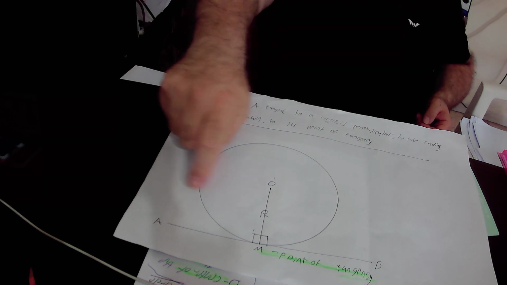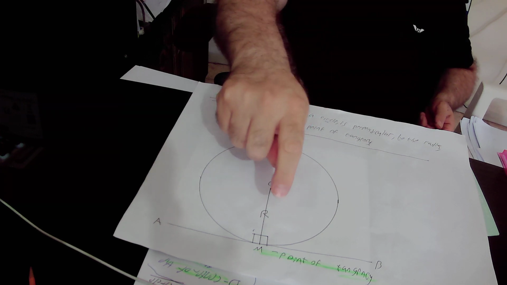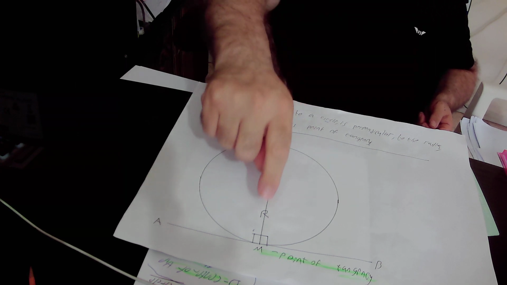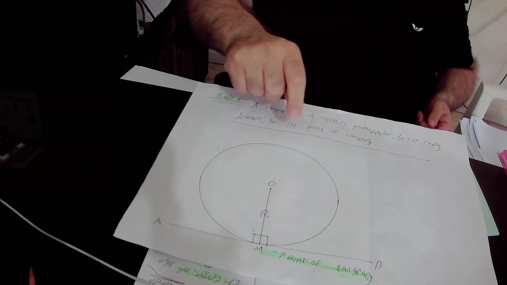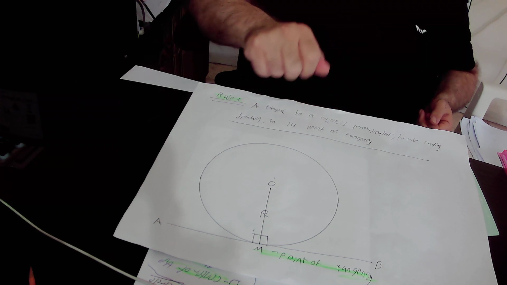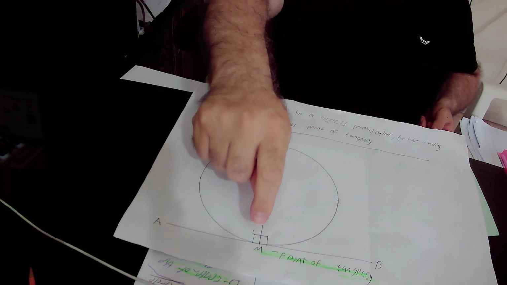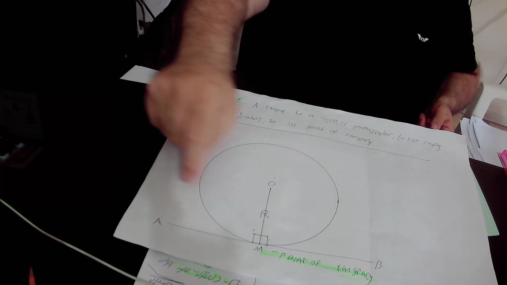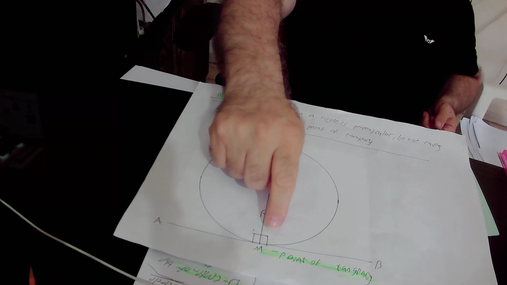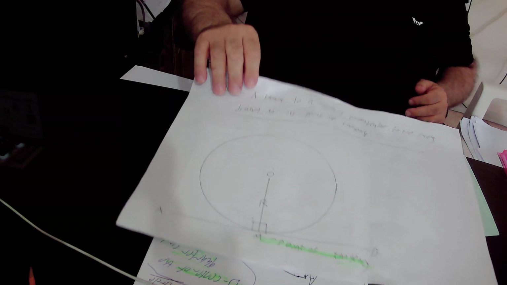Here, tangent AB is tangent to this circle at point M. Point M is the point of tangency, and we have the radius OM drawn to the point of tangency. So tangent AB will be perpendicular to the radius MO. If AB is perpendicular to MO, this angle equals 90 degrees, and this angle will also equal 90 degrees according to rule number 1.